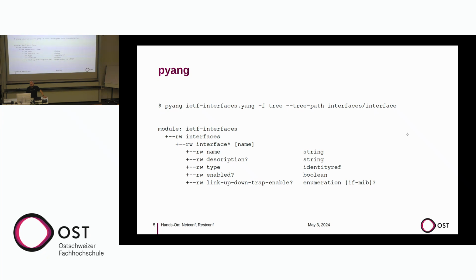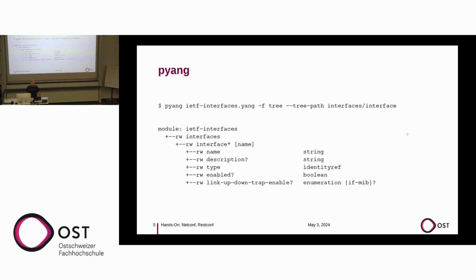So this is the standard IETF interface model, for example. We have the container interfaces, and then we have a list of interfaces. Each one needs a name. This is the key here. It needs to be unique. And we can have description, type, enabled or not, link up down trap enabled. This configuration can also be set.